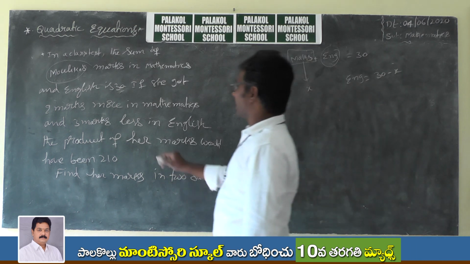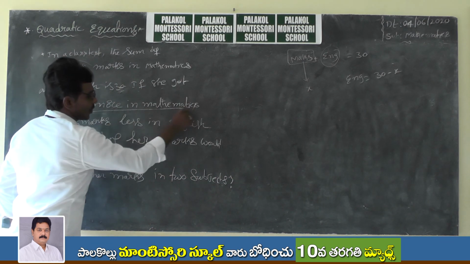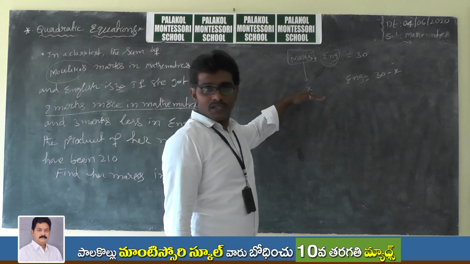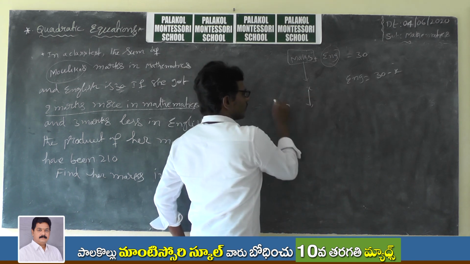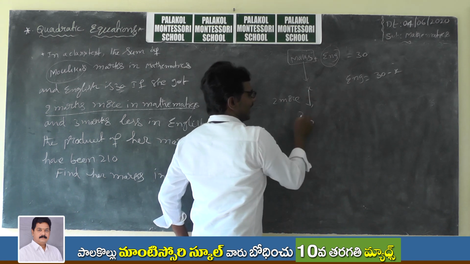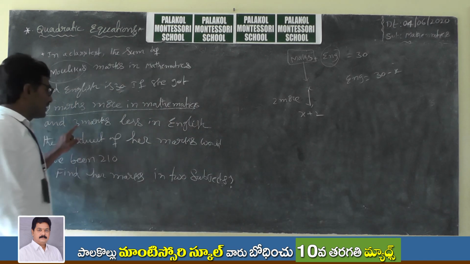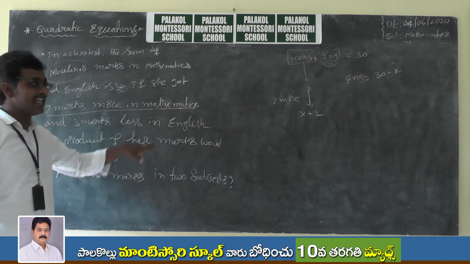Next, here one more condition is there. If she got 2 marks more in mathematics, what is the actual mark? x marks, and 2 marks increase, that means x plus 2. At the same time, 3 marks less in English.